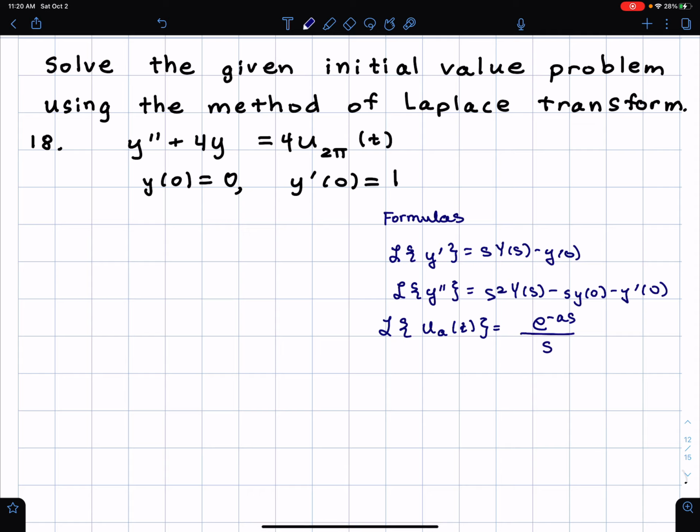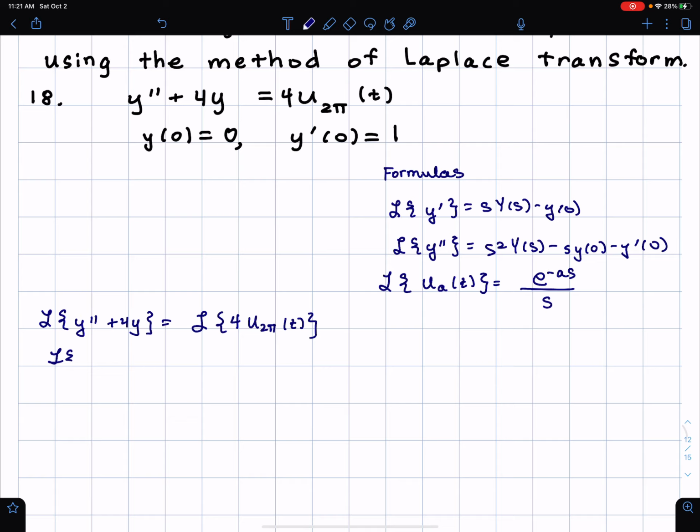So for this problem, we'll go ahead and take the Laplace transform of both sides, and we'll use linearity along the way. So we have the Laplace transform of y double prime plus 4 times the Laplace transform of y equals 4 e to the negative 2 pi s over s.